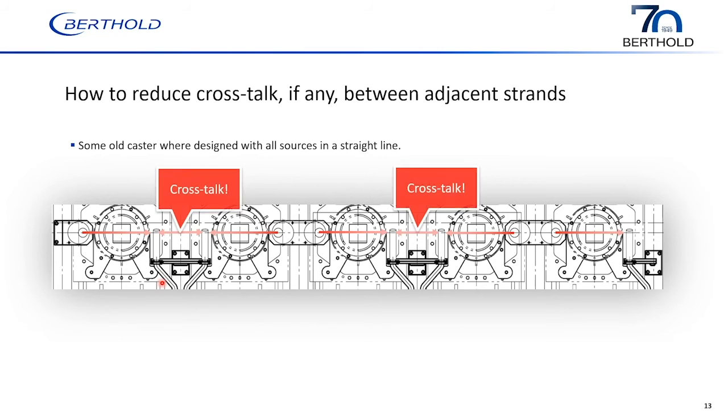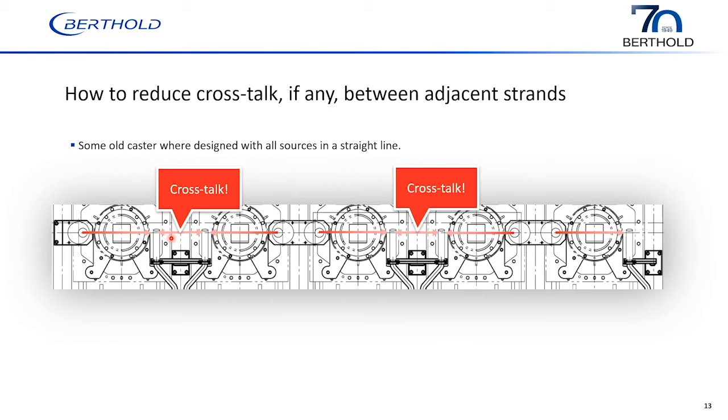And you see where I have put the crosstalk bubble. You see the problem here, because this detector will detect radiation from this source going through the mold, but also radiation from this source going through this mold and passing this detector.